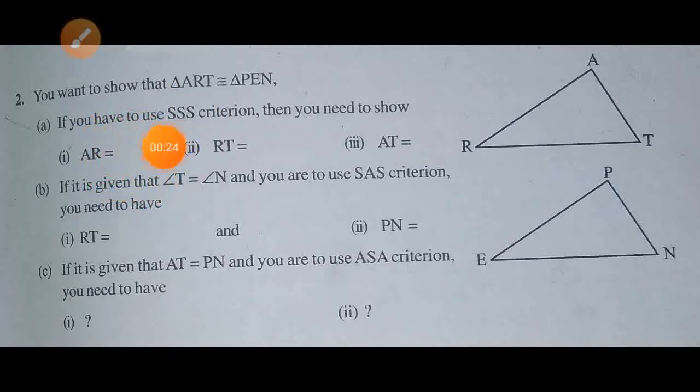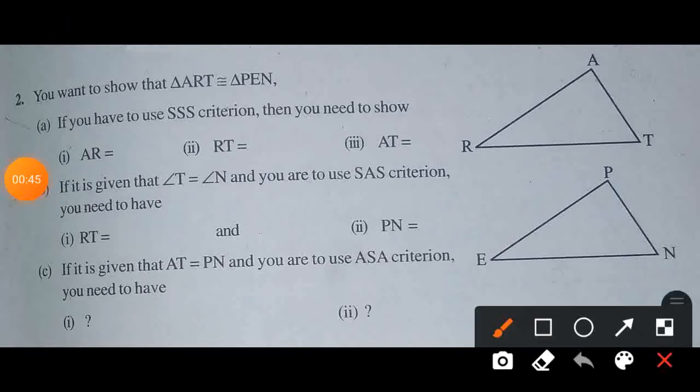So here we are using the side, side, side criteria to show the congruency between triangle ART and triangle PEN. So the first side AR, and the corresponding side that is equal to AR, that is PE. So here AR equal to PE.